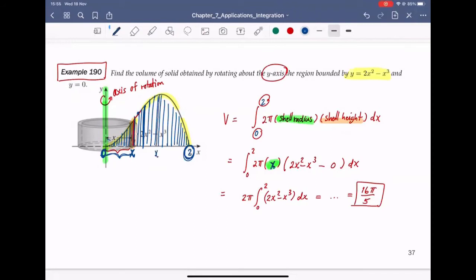No matter where the cylinder is, at this point it is going to be x anyway, and your radius is going to be x minus 0 anyway. Does it make sense? I know this is your first example, so it may be a little confusing for some of you, but the last integral.